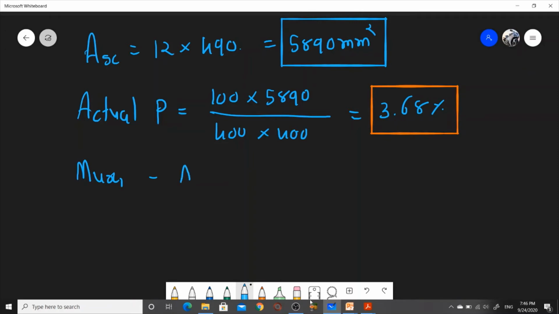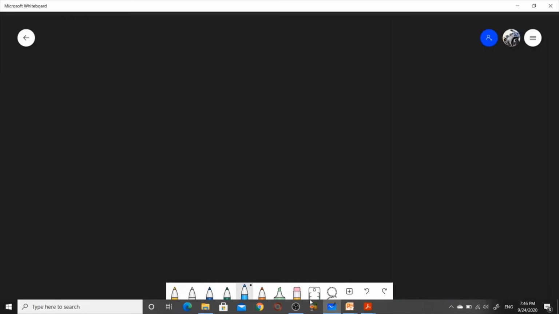How do we do it? We find Mux1 by the same method we used, but in reverse. Same graph, p by fck. p is 3.68, fck is 25, so the value is 0.147.